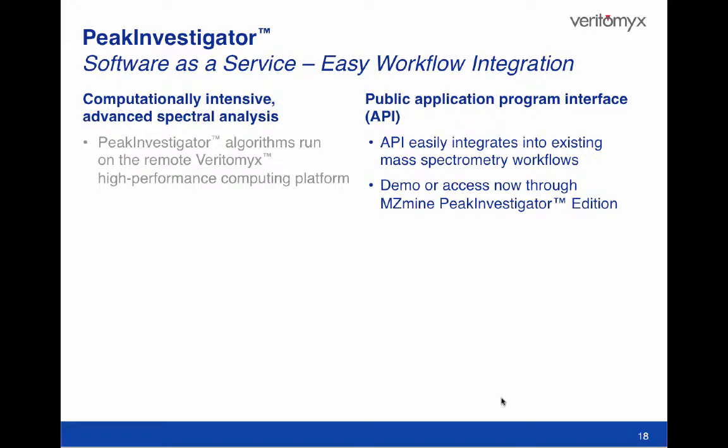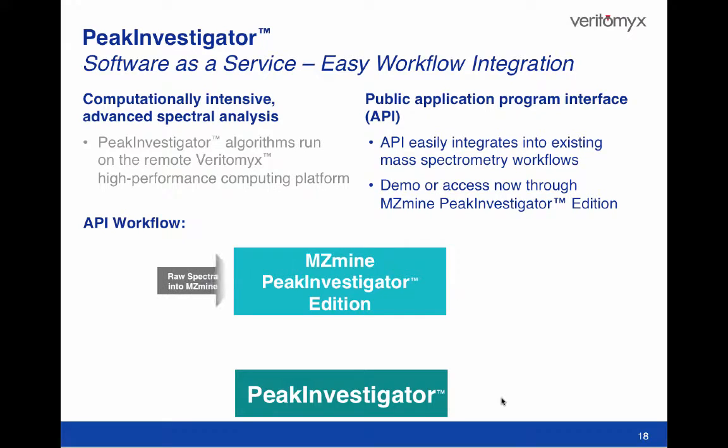For convenient, immediate utilization or demonstrations, we have incorporated the PeakInvestigator API into the open-source MZMine 2.10 mass spectrometry workflow software. This is available for download from Veritomyx as the MZMine PeakInvestigator edition.